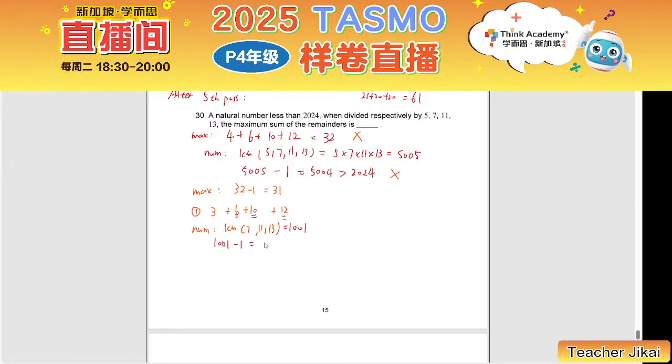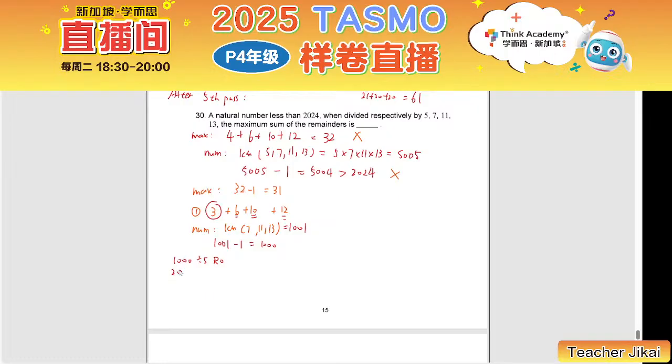We minus 1 to give you 1000. Right, the first number here is 1000. And then we examine whether it has a remainder of 3 when divided by 5, right? So 1000 divided by 5, remainder 0. And then what is the next thing? We'll have the remainders 6, 10, and 12. We plus another LCM on it, right?